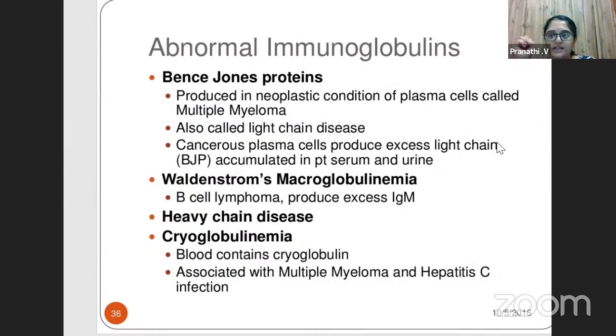You can call it a cancer of the plasma cell, which produces more light chain. You can see that in the serum and in the urine.